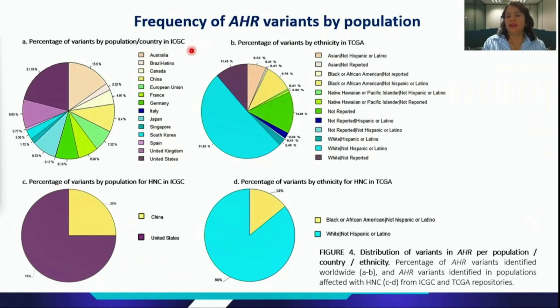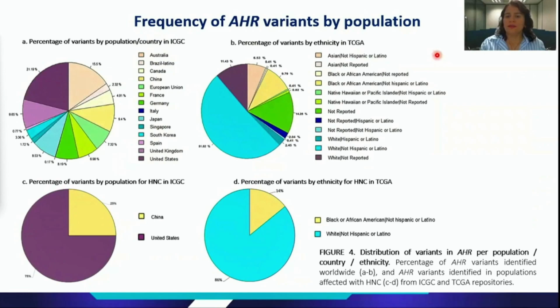Among the total 280 variants, more variants in AHR were identified in individuals from the United States, followed by individuals from Australia, with 21% and 15% of frequency, respectively.